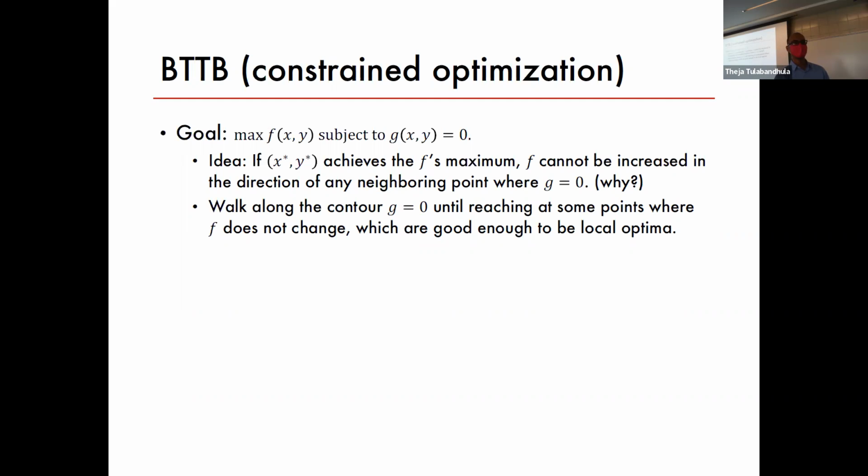What we're really doing is walking along this curve in the 2D plane for this illustration, until we reach some points where f should not change. So think of f as a function of two variables, like peaks and valleys and so on. On the contour, as you're walking, there may be some part where f is not changing.